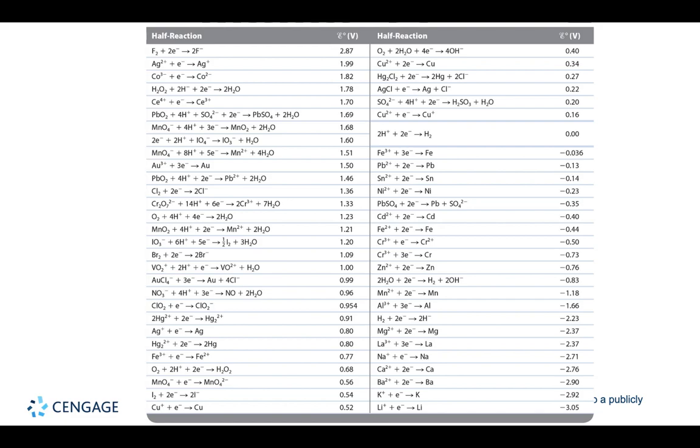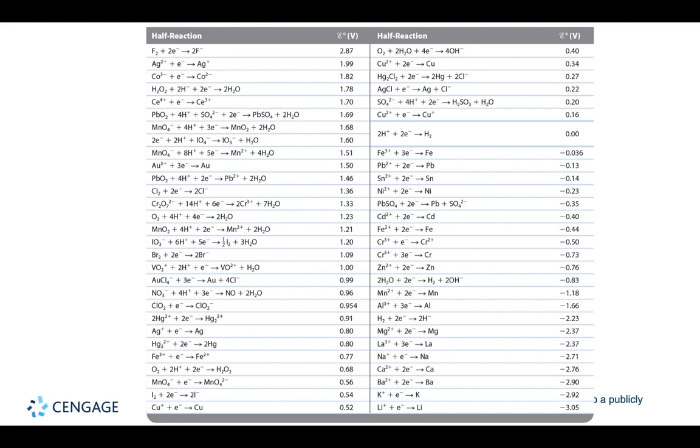So then pairing the two reactions, you may have to multiply them by some numbers to get the number of electrons to be the same on both sides, but that doesn't change E naught. Just because you double a reaction doesn't mean you double E naught.